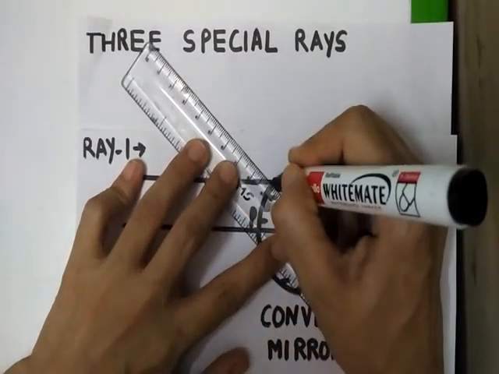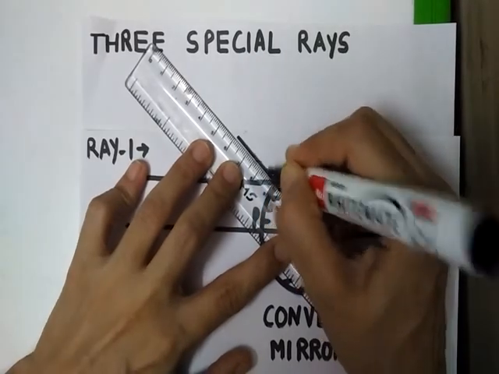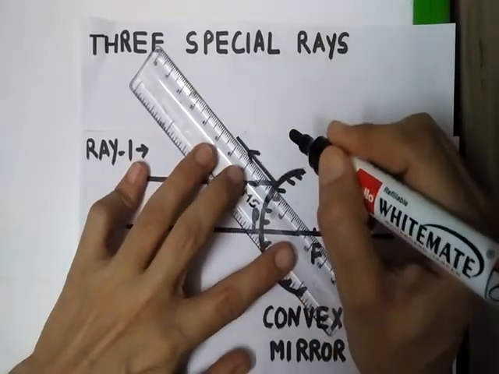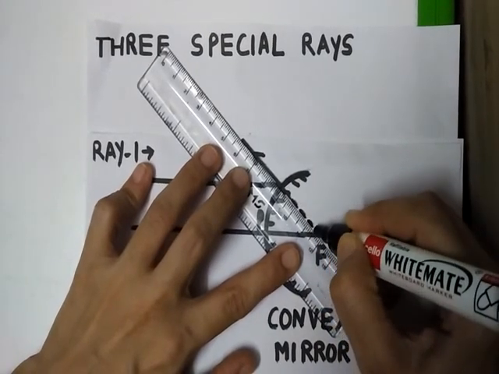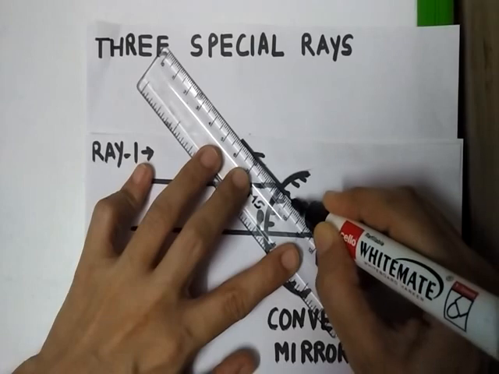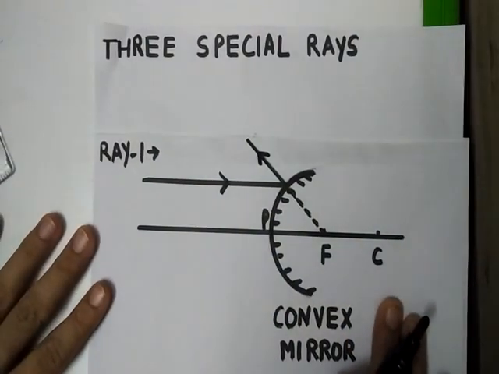So this is ray 1, that whenever the incident ray is parallel to the principal axis, then after reflection from the spherical mirror, it passes or appears to pass through the principal focus.